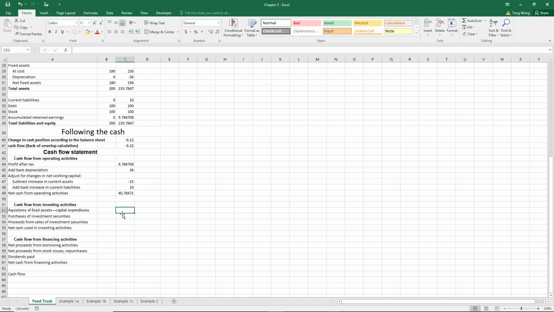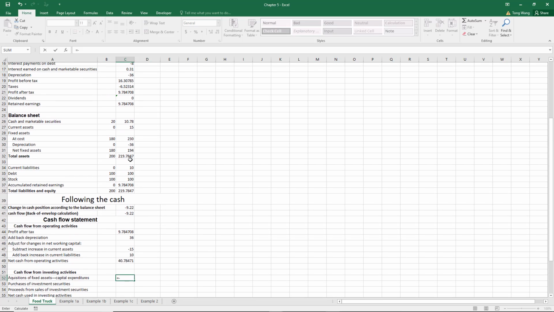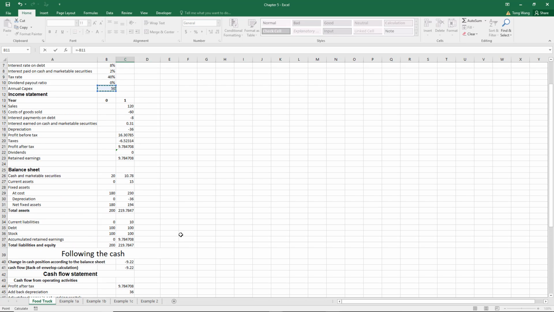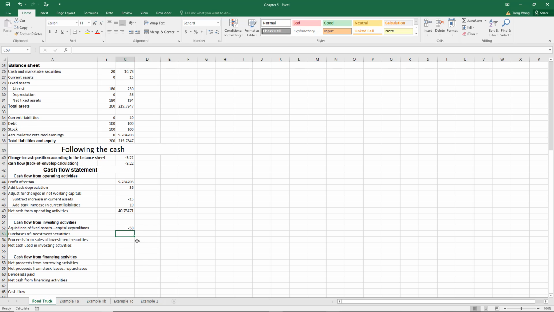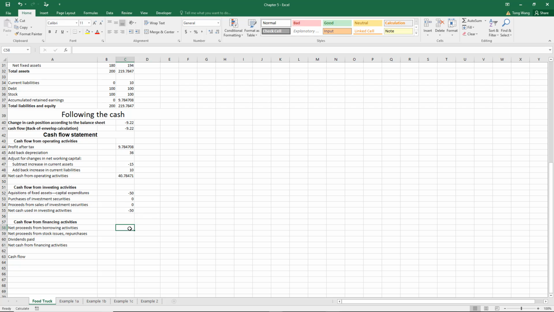Okay, the first item is your capex, which is a negative number. So year one capex is 50,000. We didn't trade securities, so that's 0. The final section is your financing activity. Here we didn't use any new financing instruments, and also we didn't pay dividend. So everything is 0.